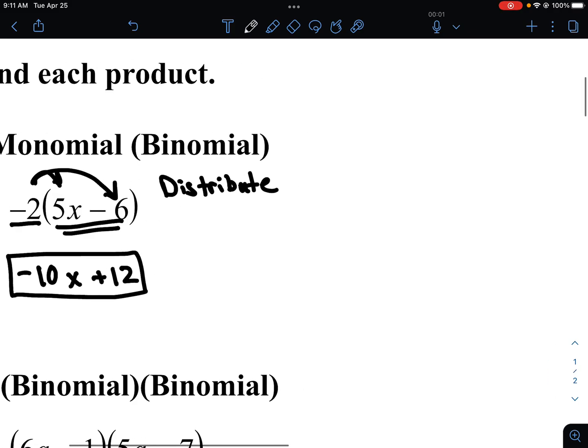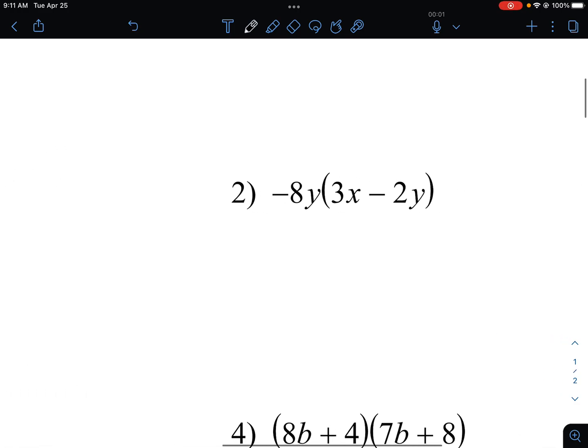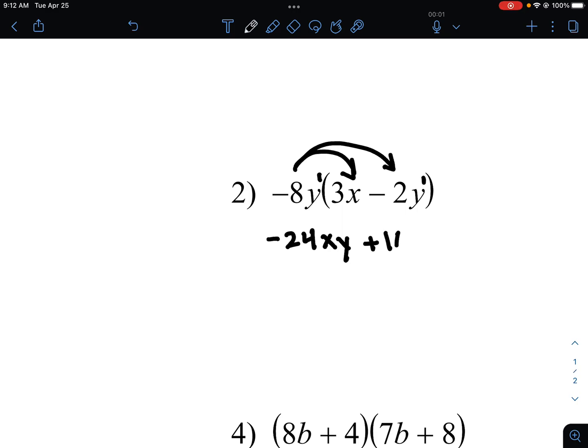Great stuff. For number 2, something to be aware of is you could also distribute variables. Let's pay attention to these exponents, 1 and 1. When we distribute 8y to 3x, you're going to multiply the coefficients, negative 24, and then xy. When we distribute to the next, a negative times a negative is going to be positive 16.